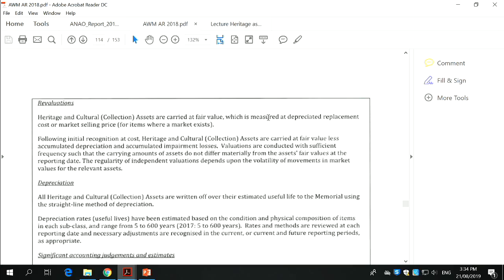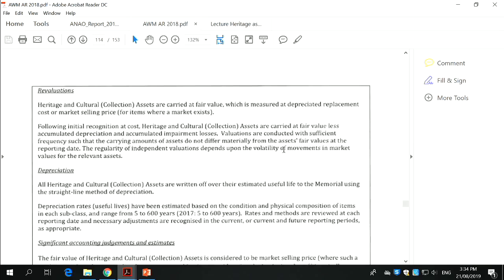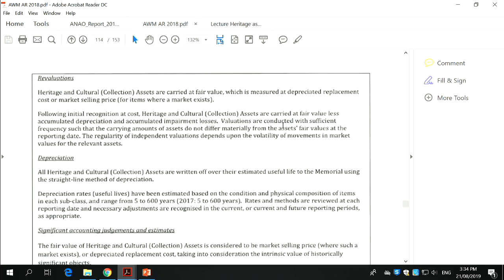So it's the depreciated replacement cost. What is the useful life of these types of assets? The depreciation rate, the useful life for the memorial, ranges from 500 to 600 years.